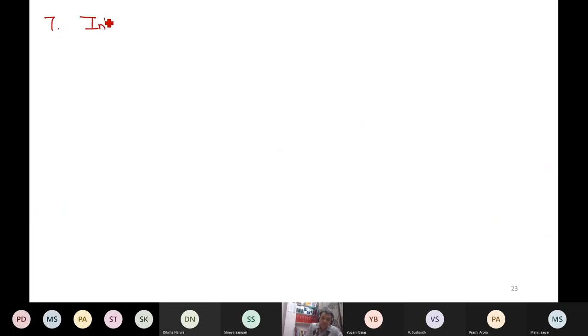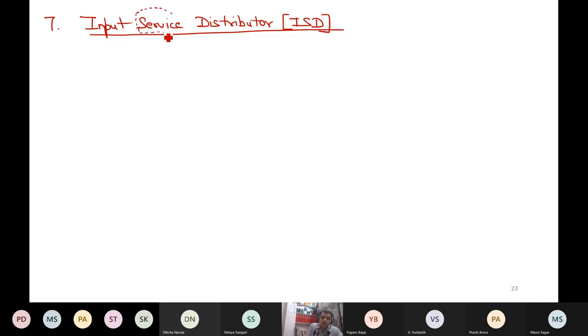Next point, seventh point, ISD, Input Service Distributor. As the name suggests, it is not input goods distributor, it is input service distributor.